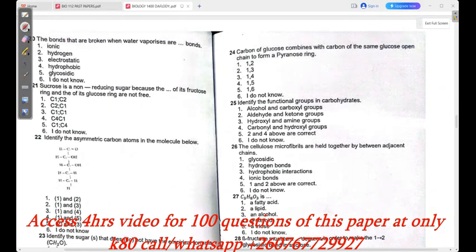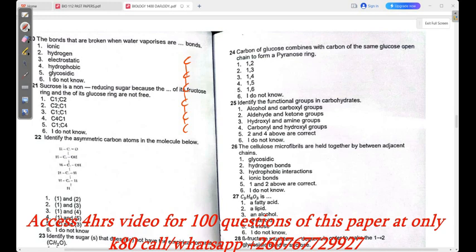So you're going to have carbons 1, 2, 3, 4, 5, 6. Which of these carbons combine with another carbon to form a pyranose ring? Carbon 1 attacks carbon 2, carbon 3, carbon 4, carbon 5, or carbon 6 to form a pyranose ring?